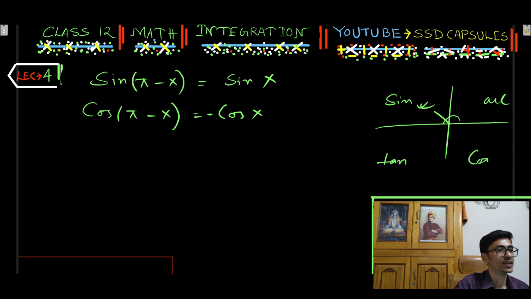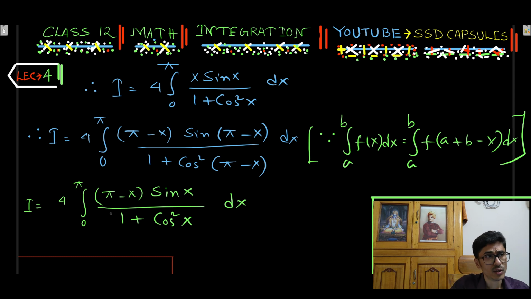Okay, so previous page. So now again we will use the distributive property. Therefore I equal to 4 into 0 to pi, pi into sin x by 1 plus cos square x.